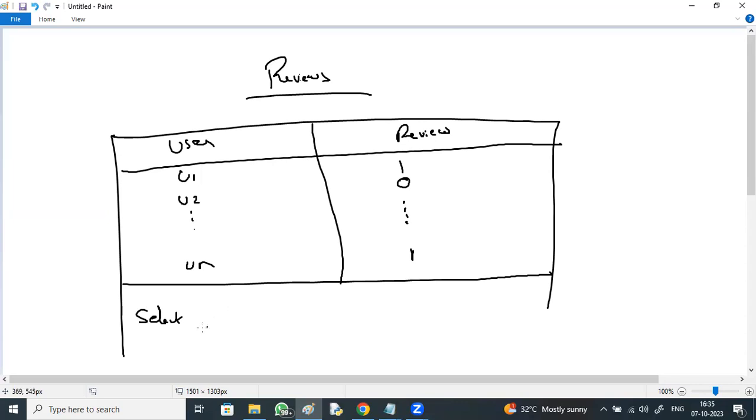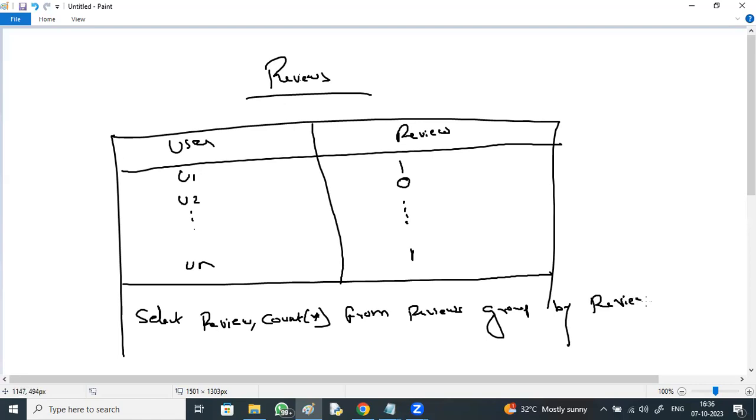Select review wise count from the reviews table, group by review.